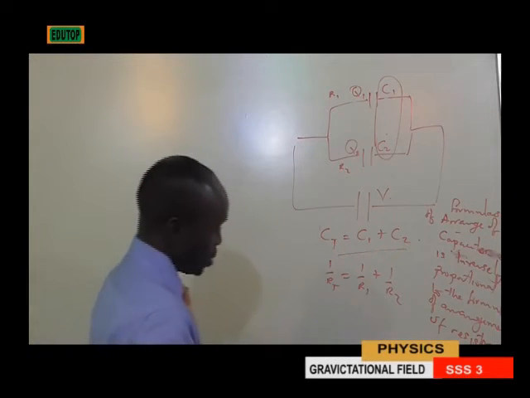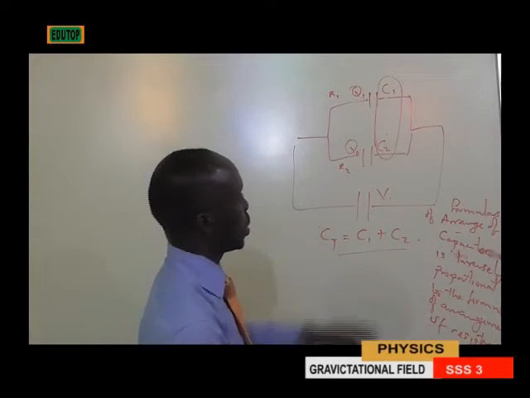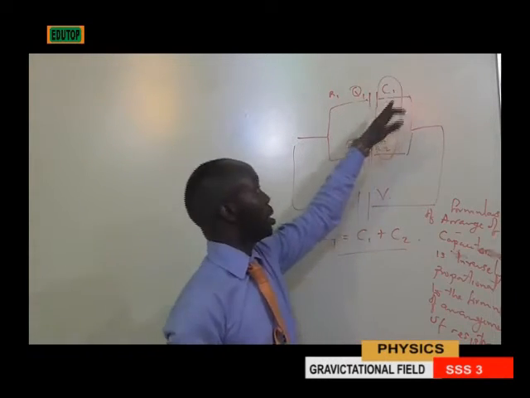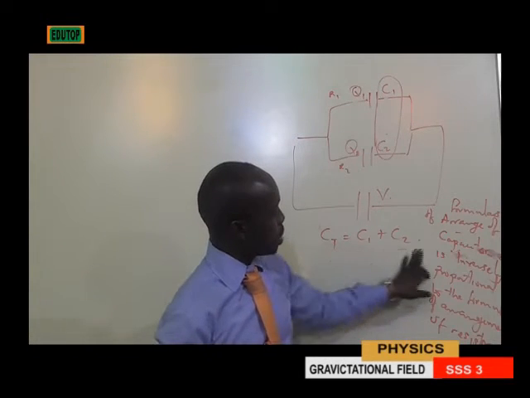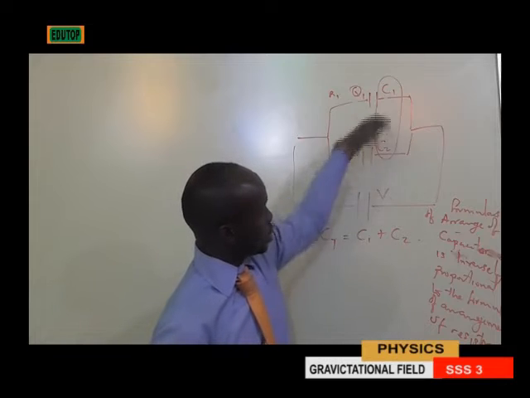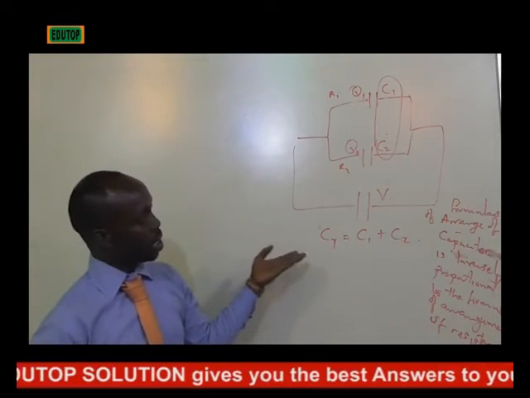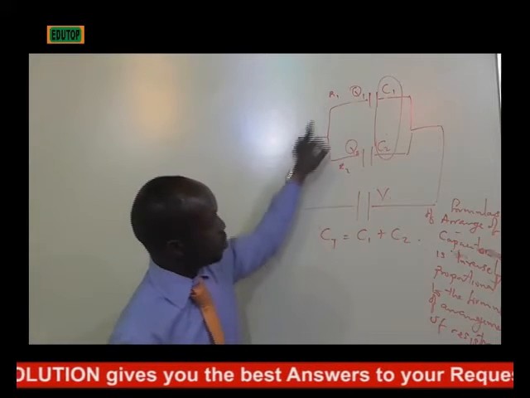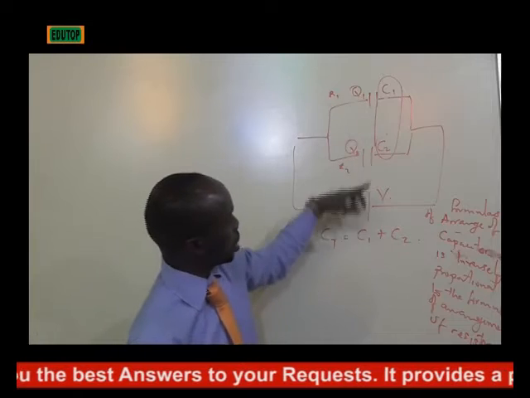You understand? So definitely you have to get it straight in your head that if you have a circuit that has 2 or more capacitors, for you to calculate the total capacitance that exists in this circuit, you just write out the formula in a straight way here. Why? Because at this region, we have the same passage of potential volts.